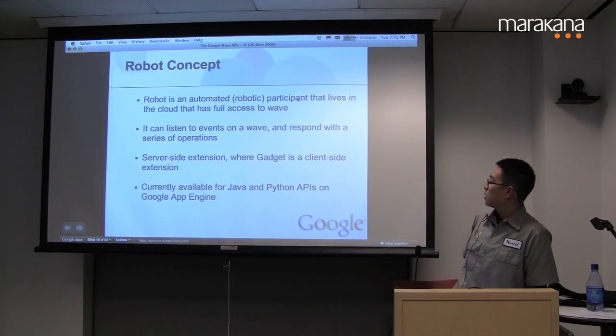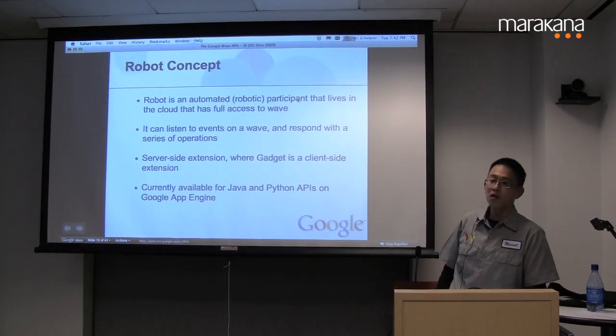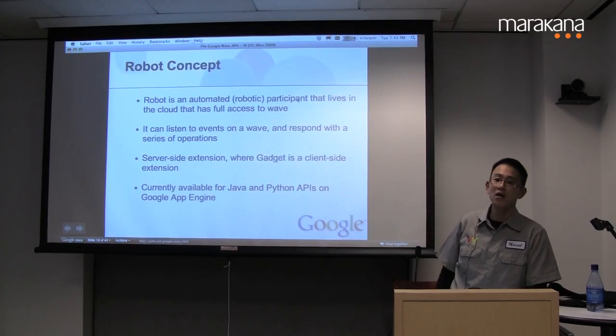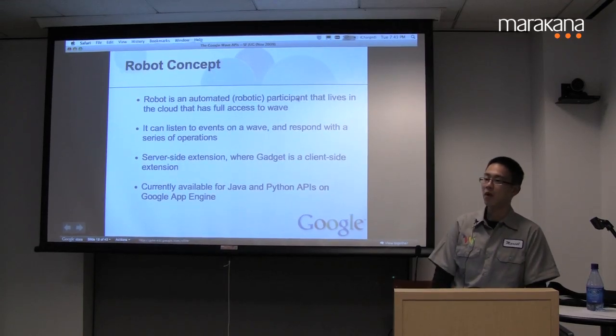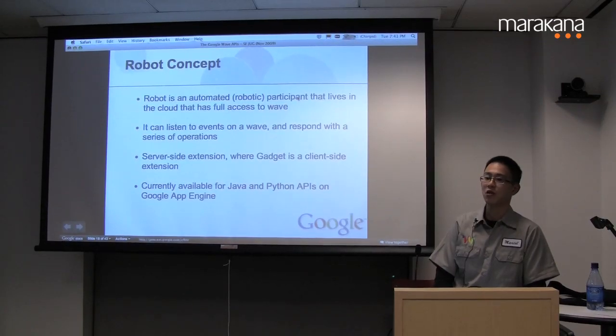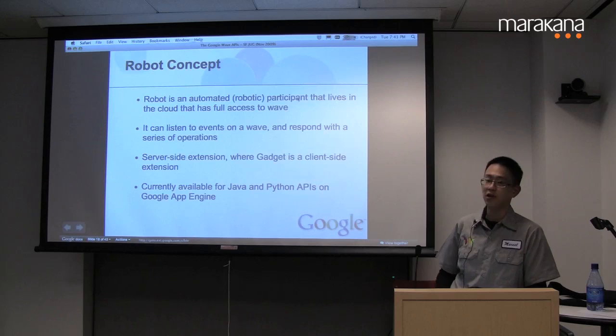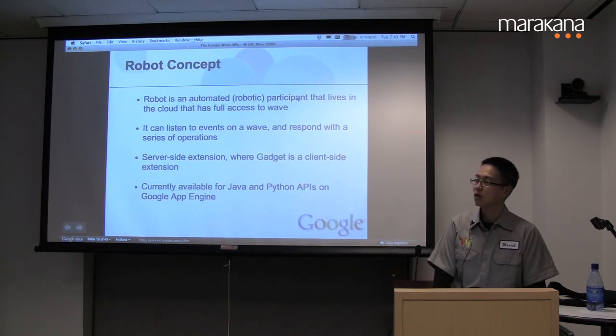Currently, a robot can only live in Google App Engine, and we provide both Java and Python client libraries for the robot APIs. So you can use the Python SDK or the Java SDK of Google App Engine in conjunction with our client library. We will lift this restriction in the future. Right now, we're still working on some scalability and security issues if we want to deploy a robot on a hosting provider other than App Engine.